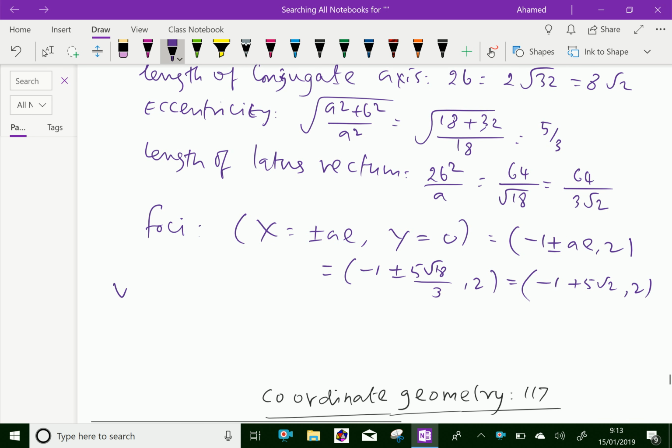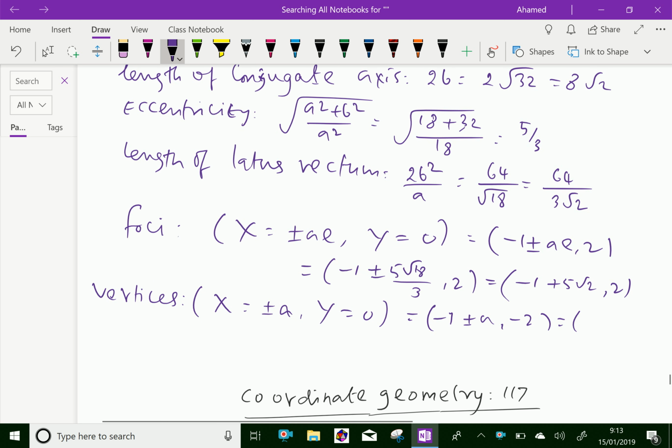Vertices: X equal plus or minus a and Y equal 0, which gives minus 1 plus or minus a, comma 2, which gives minus 1 plus or minus root 18, comma 2.